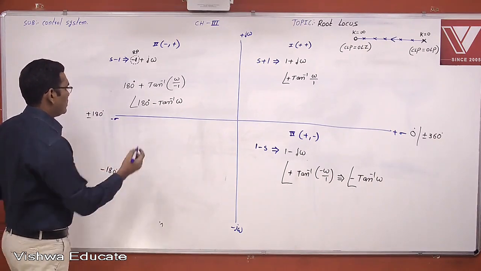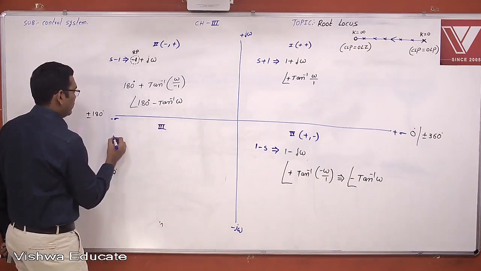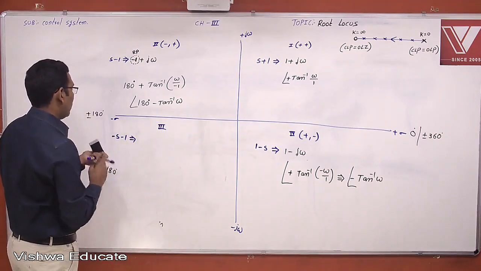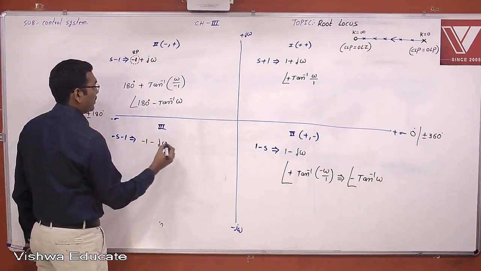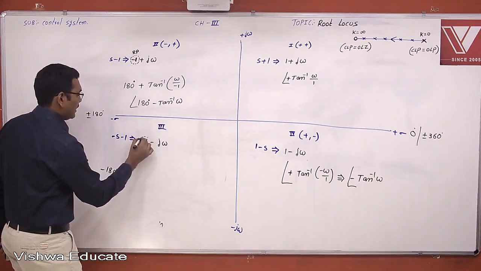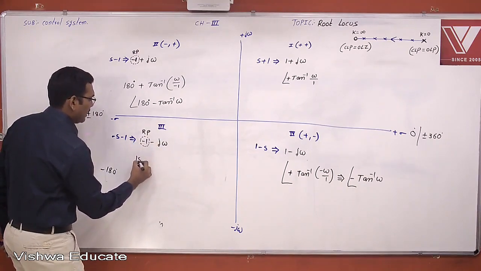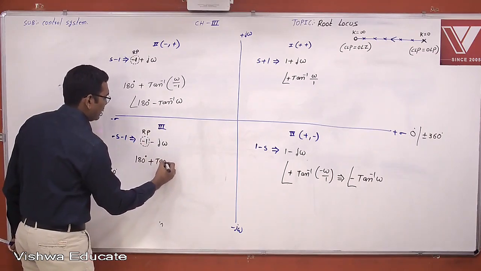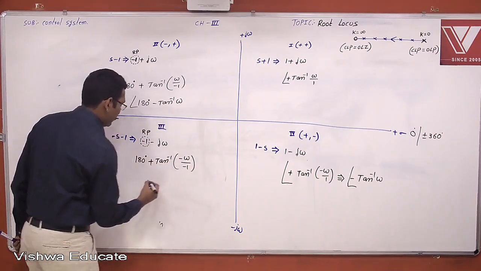Now see here, this is the third quadrant. Here is also a negative real part. So minus s minus 1. Can I write like this? This is nothing but minus 1 minus j omega. Again the real part is negative, so the angle calculation is 180 degrees plus tan inverse of imaginary part, which is minus omega, by real part, which is minus 1.